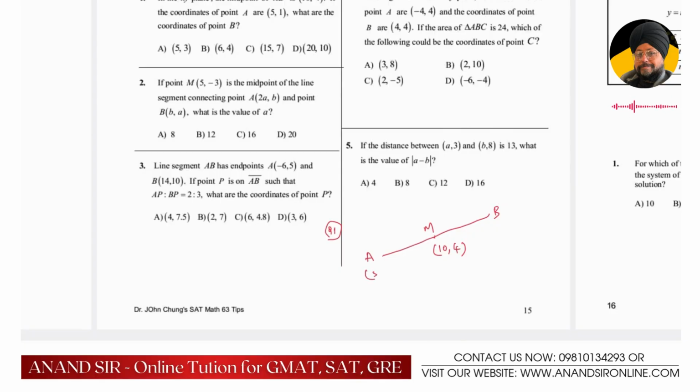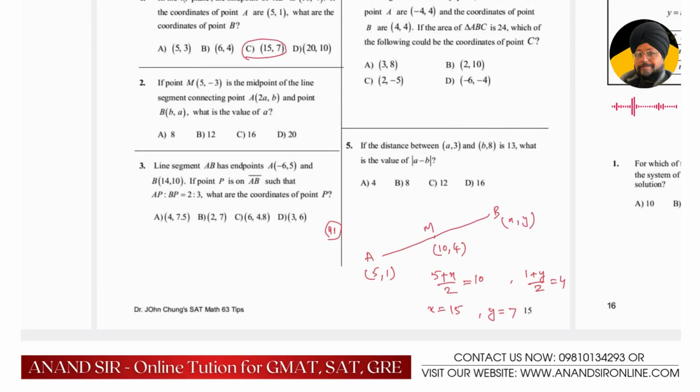Coordinates of point A is 5, 1. What are the coordinates of point B? Let it be x, y. Now 5 plus x by 2 should be equal to 10, and 1 plus y by 2 should be equal to 4. So here x will be equal to 15 and y will be equal to 7. So 15, 7. So C is the correct option.